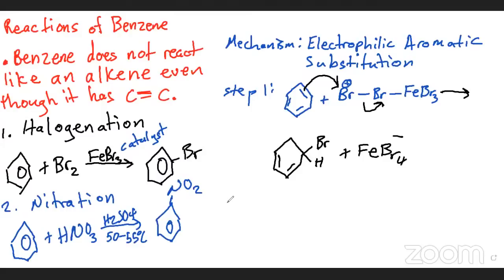Sir, can you run through that again, please? All right, so one of the double bonds on your benzene ring, you are going to use it to remove the bromine atom. Once you do that, the double bond is broken. It no longer exists. So for example, if this is your double bond, it means you have 4 pairs of electrons. You used 1 pair of them to take the bromine.